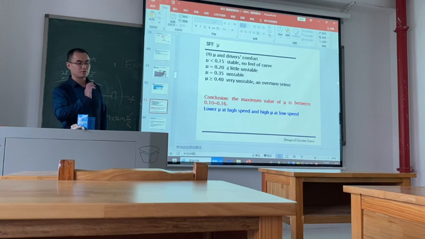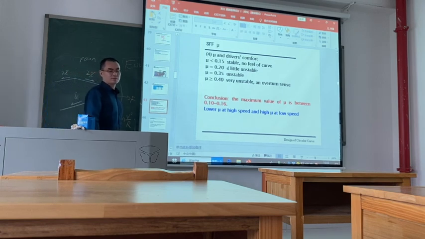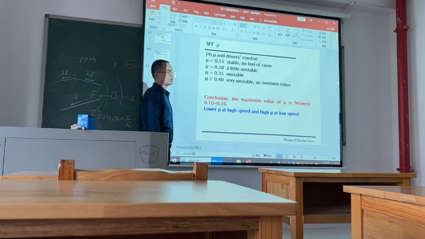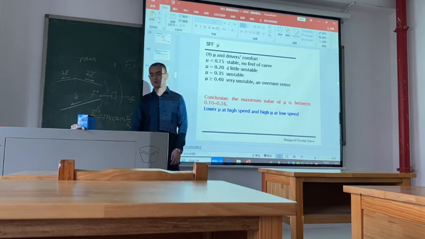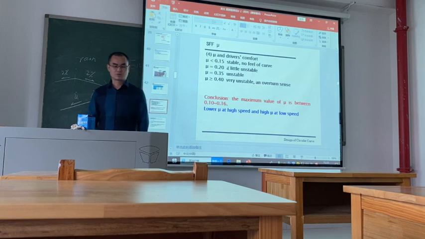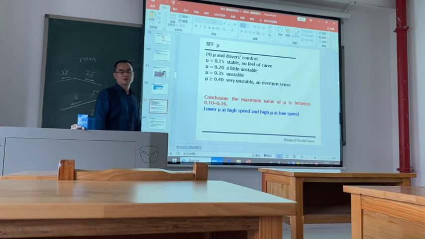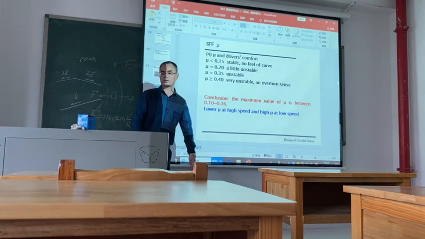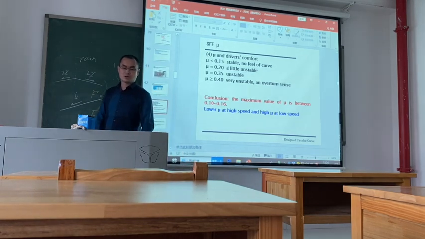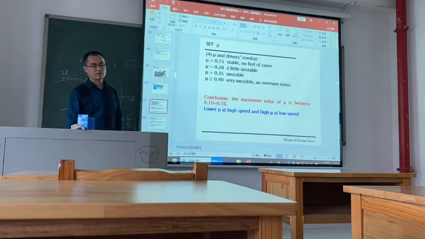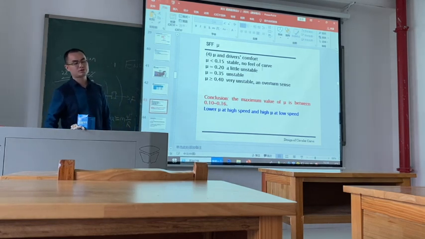The relationship between mu and the driver's comfort. If mu is less than 0.15, the drivers feel stable, no fear of the circular curve. When mu is equal to 0.2, drivers feel a little unstable.